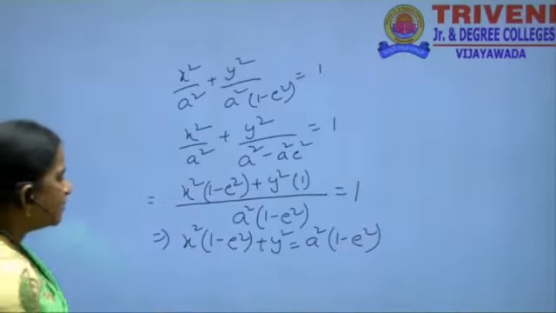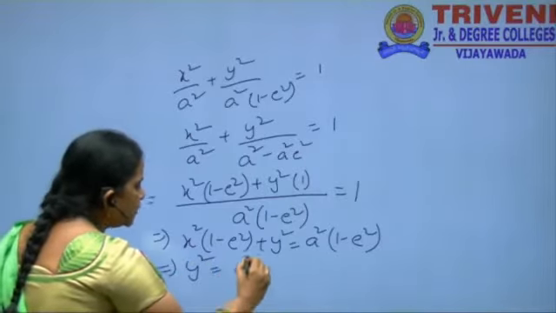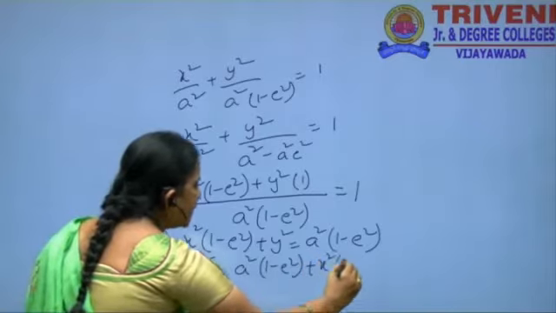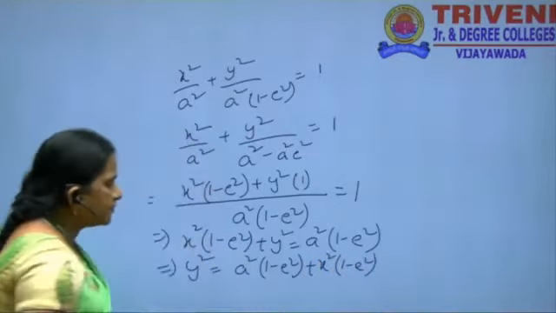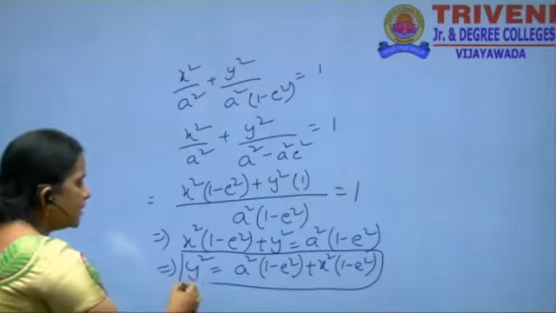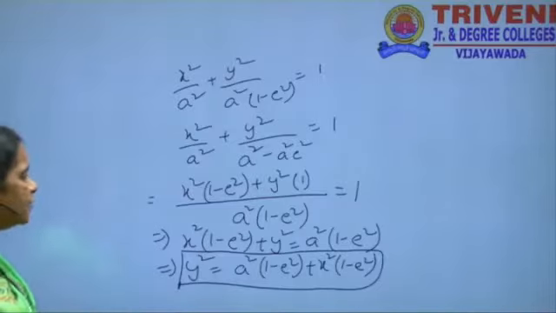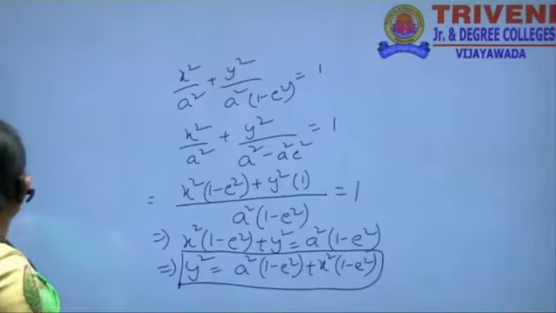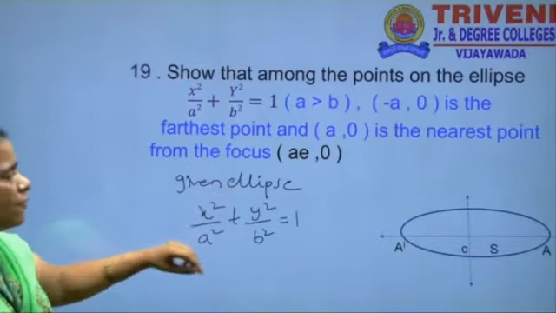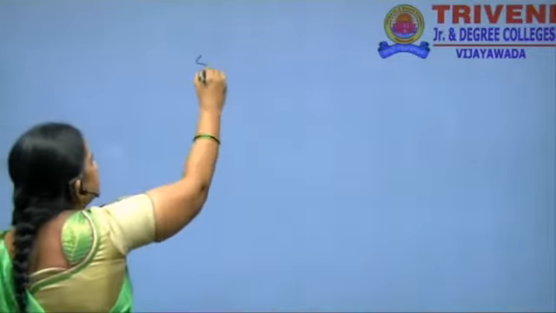According to this, we have to find the value of y square, which is a square into 1 minus e square minus x square into 1 minus e square. What is given in the problem here? The nearest point from the focus. Then we have to find the value of SP.